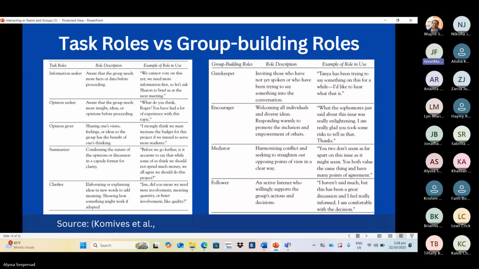I don't know if anybody would want to say what role they think they adopt. Anyone? Okay, that's okay. I think I'll be clarifier role, more clarity. Okay, yeah. Okay, thank you for that.